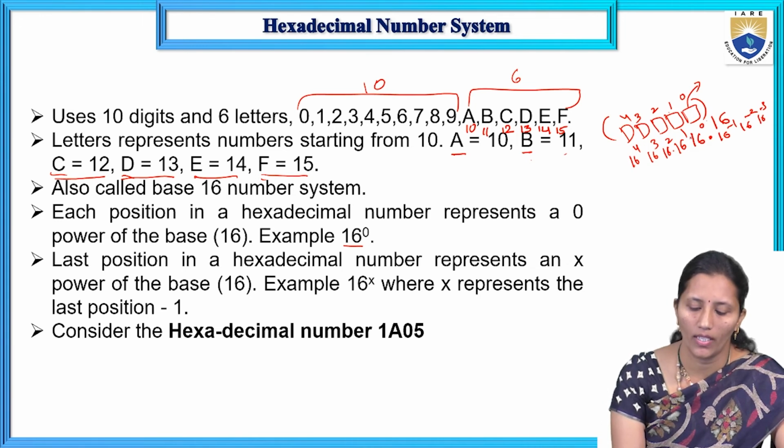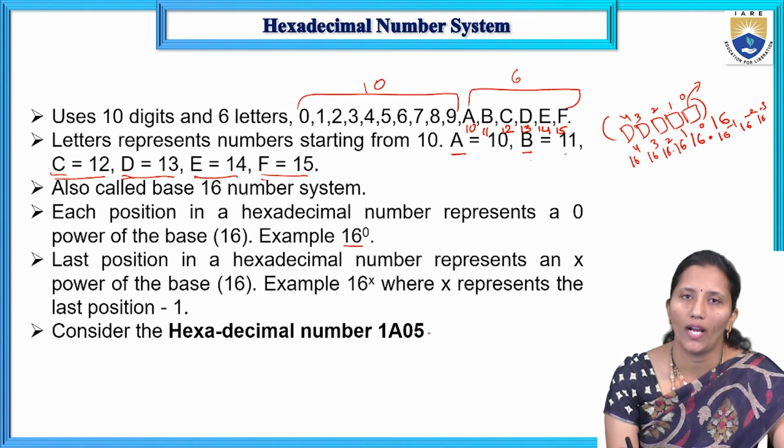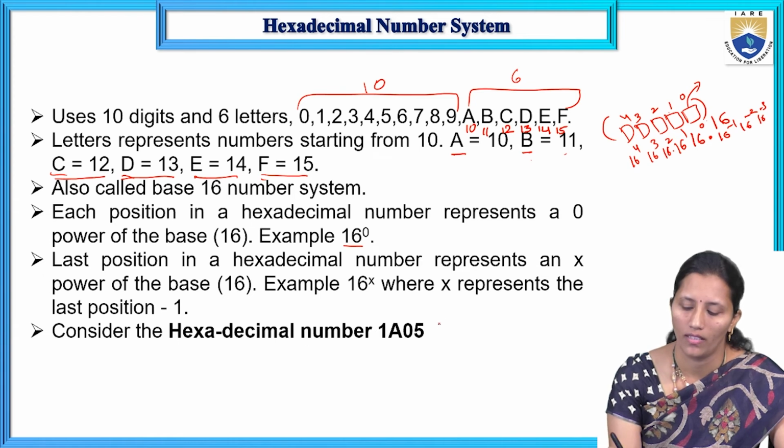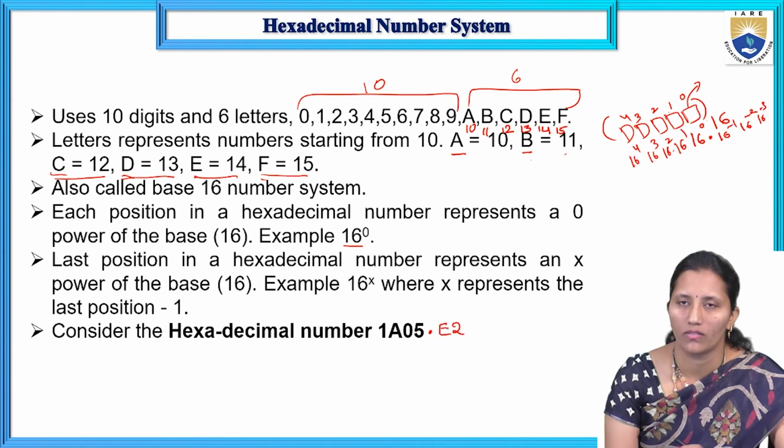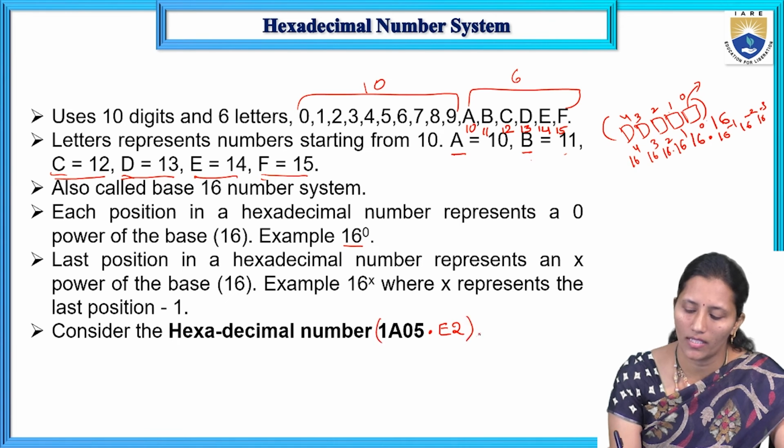Okay. So here for example I am taking 1A05.E2. If the base is 16, it means it belongs to the hexadecimal number system. So how do we find out the weight of the individual digit in the hexadecimal number? First write down the positions.